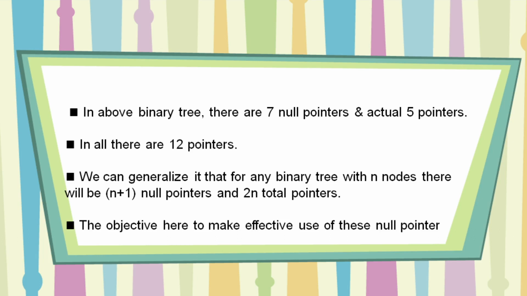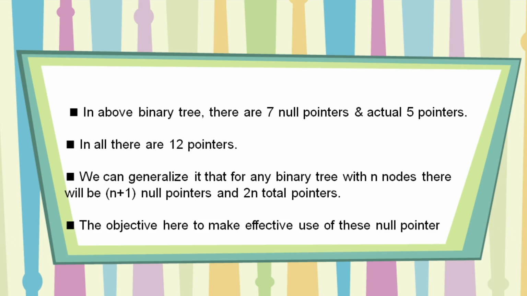A binary search tree can be represented using array representation or linked list representation. When a binary search tree is represented using linked list representation, the reference part of the node which does not have a child is filled with a null pointer.